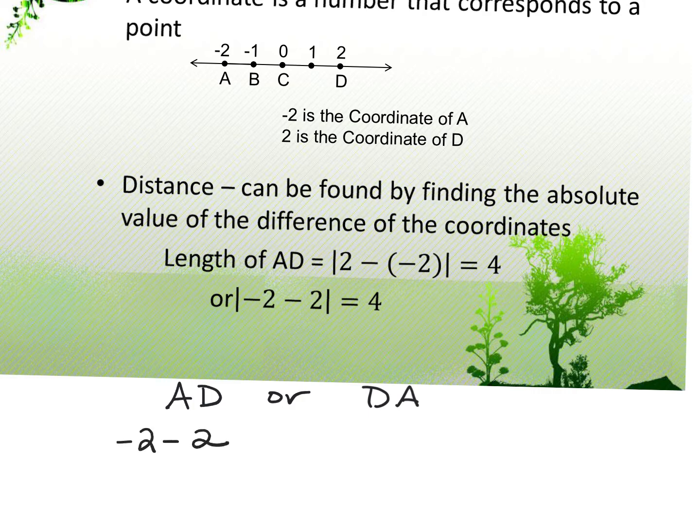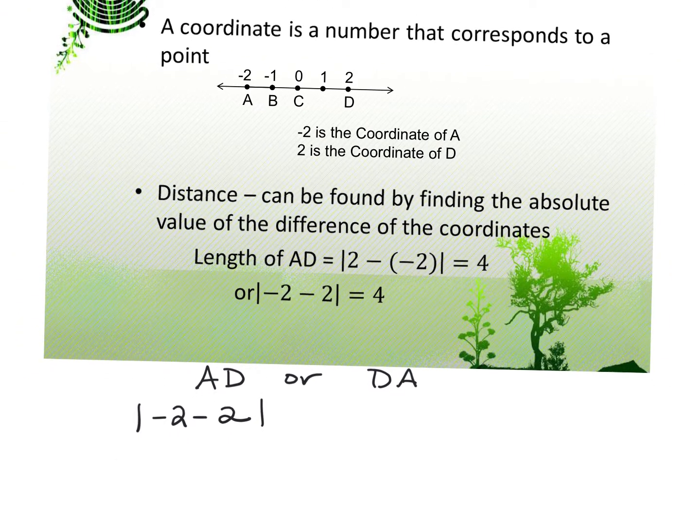It's always a difference. And when I do it in this order, after I do that subtraction problem, I'm going to need to find the absolute value. The absolute value is always just how far away is that number from 0. So -2 minus 2 is -4. And then when I take the absolute value of that, -4 is 4 spaces away. So the absolute value of -4 is +4.